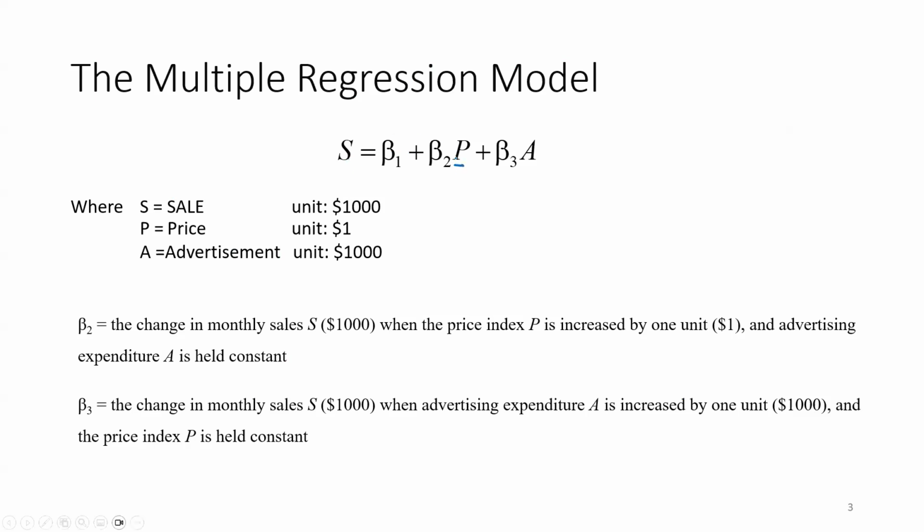Of course, if we set the price higher, our sales will decrease. Then we have one more explanatory variable. Instead of sales only depending on price, it depends on the price that we set and the money that we put into advertisement. Okay, sales depends on price and advertisement.